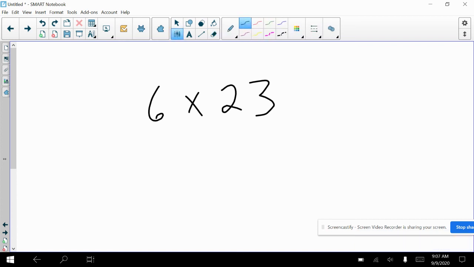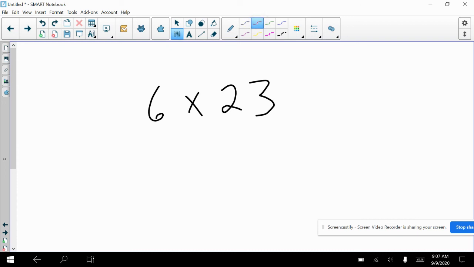But what does 6 times 23 look like if we were to use the distributive property? Okay, this is what we mean by breaking numbers apart and putting them back together. Can we break apart the 6? No, it's a single digit, right? You don't ever want to break apart a single digit. That doesn't even make any sense.